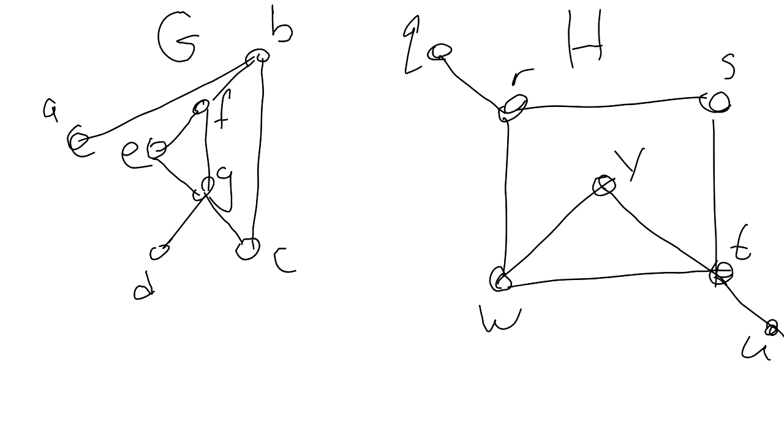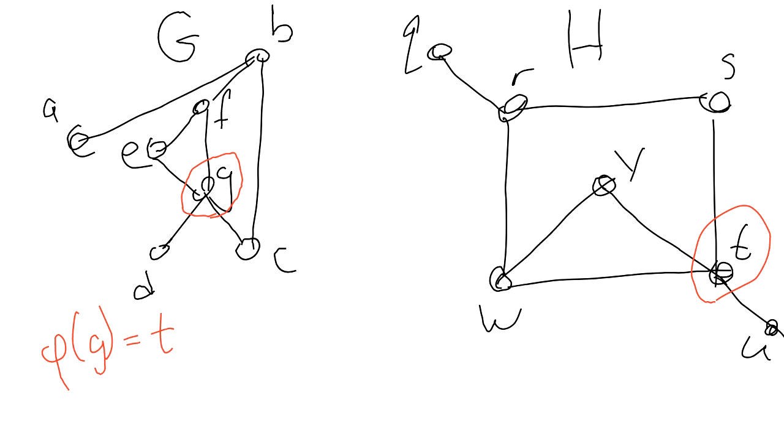The common approach is to look for a vertex which has a unique degree, meaning that nothing else has the same degree. If you look at this, you'll notice that vertex G has degree 4. On the right-hand graph, T has degree 4, and nothing else does. So if these are isomorphic, then phi of G must be T, because they're the only degree 4 vertices. And then we can try to work from that point.